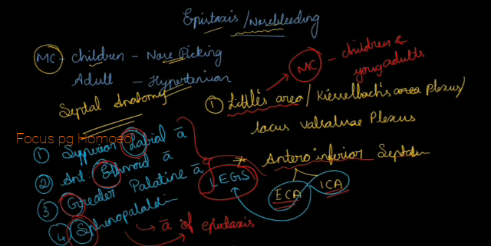Okay, so this is regarding Little's area, and a few more areas related to epistaxis we should know. The second area you should know is the retrocolumnar vein, and how this vein is contributing.